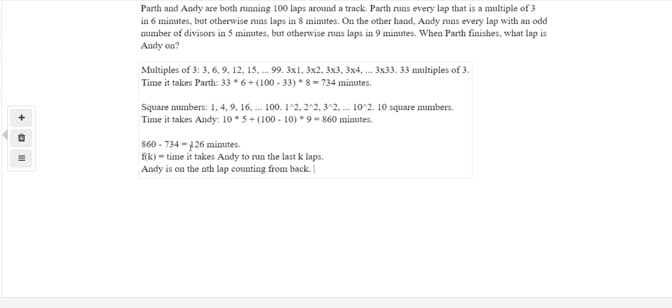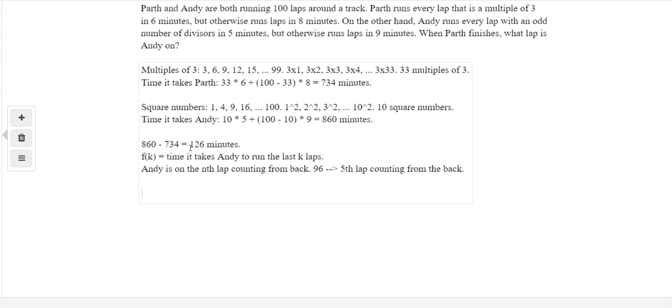So what counting from the back means is that, let's say he's on the 96th lap counting from the front. What lap does that correspond to counting from the back? So 100, 99, 98, 97, 96. So it would be the 5th lap counting from the back. So that's the notation I'm going to use.